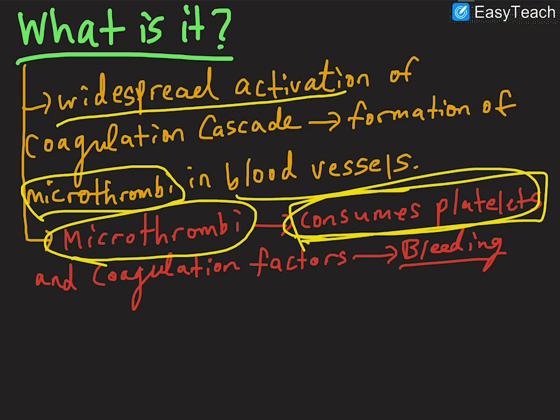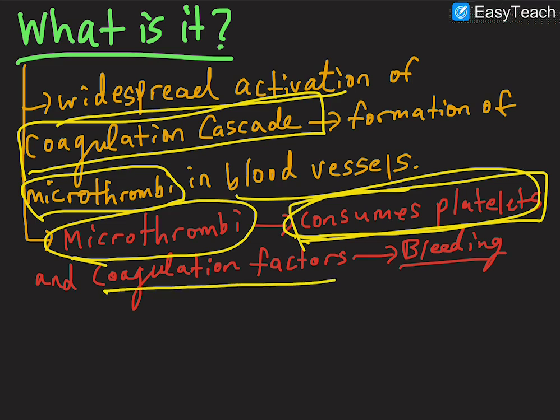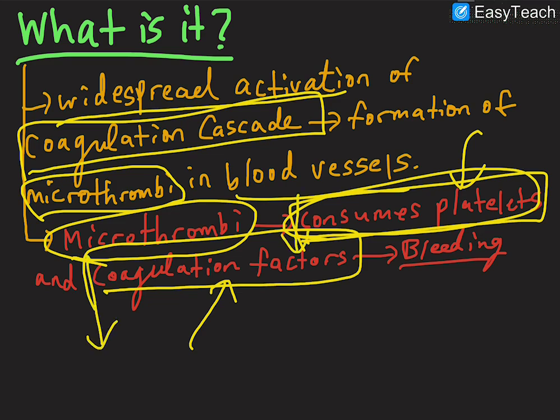And on top of that, it's widespread activation of the coagulation cascade, so by definition, you would be using a lot of coagulation factors. So you're consuming your coagulation factors and your platelets.